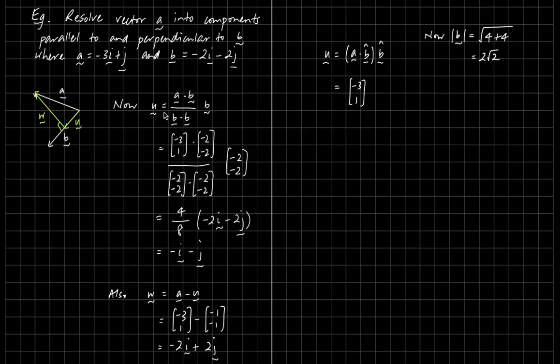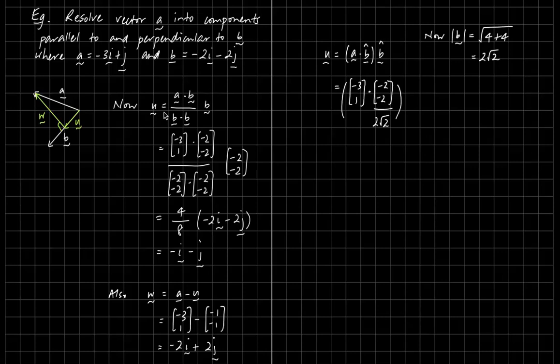dotted with unit vector B, remember, is vector B divided by its own magnitude. So vector B is -2 over 2 root 2.